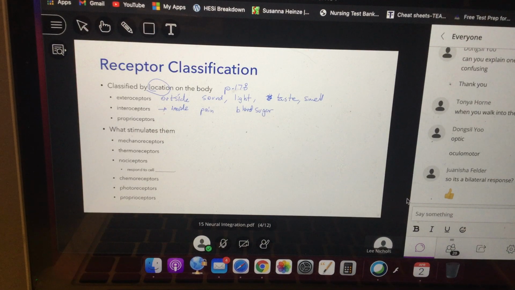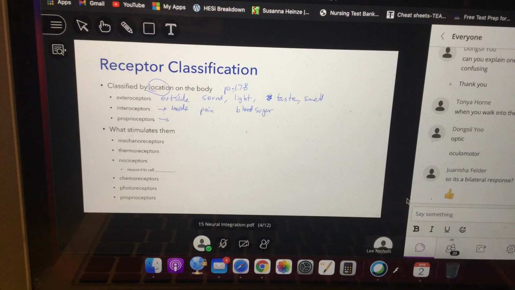For example, the alpha cells and beta cells of your pancreas would count as interoreceptors because they're detecting blood sugar levels. If it's too high or too low, they'll release insulin or glucagon. They're still responding to something inside your body, even though you're not at all aware of it. Unless you feel faint and shaky, you probably don't notice that your blood sugar is a little bit low. Blood sodium, plasma sodium levels, all kinds of things.